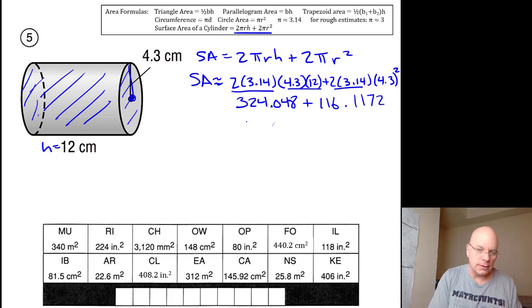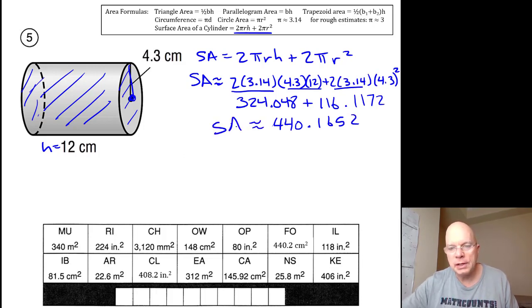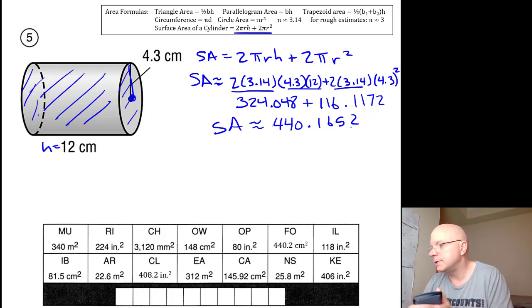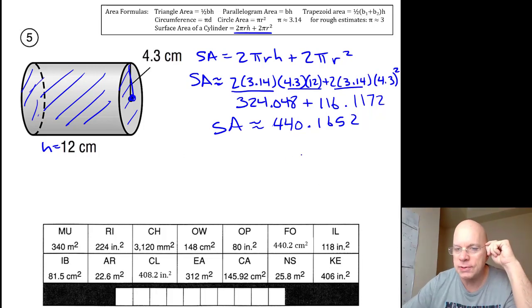When I add those together, I get 440.1652 for the approximate surface area. Even though that looks pretty precise because it goes to the 10,000ths place, remember, we used 3.14 for pi, so it's necessarily an approximation.